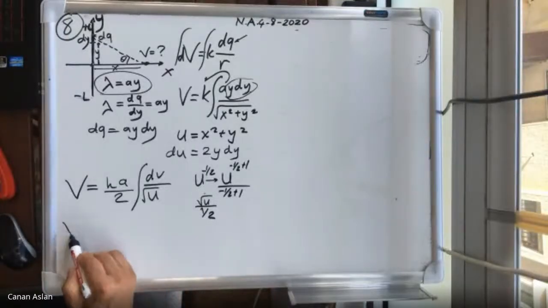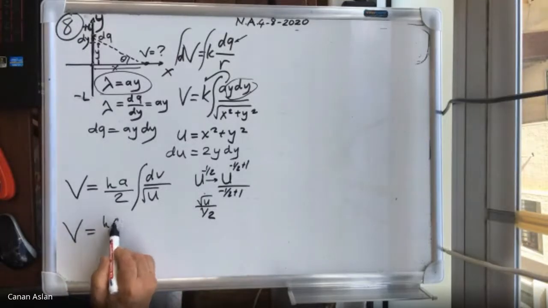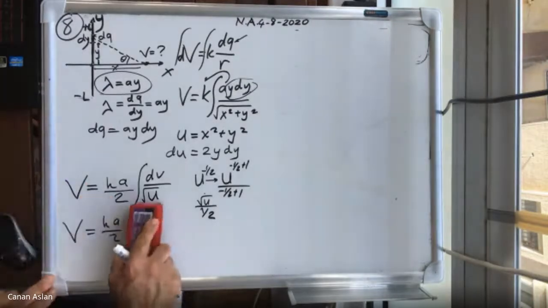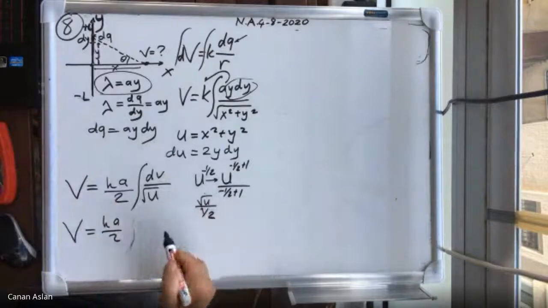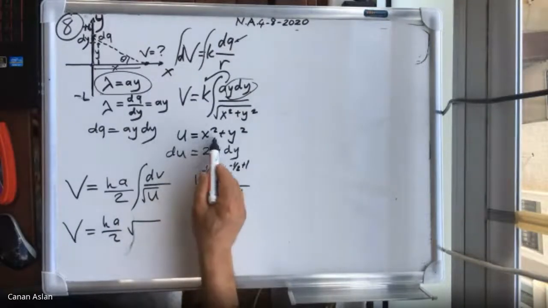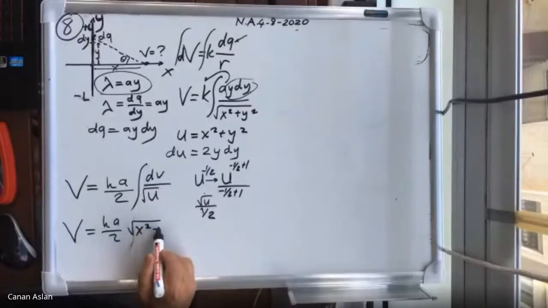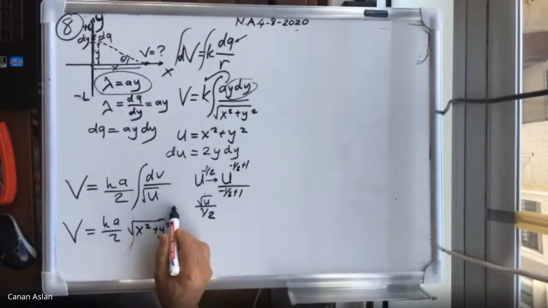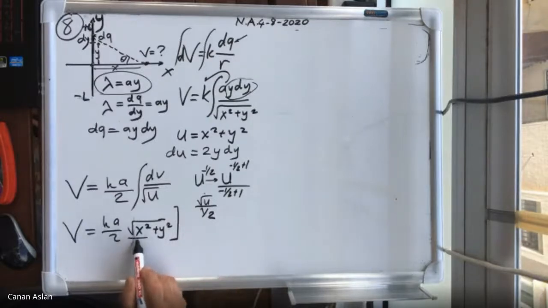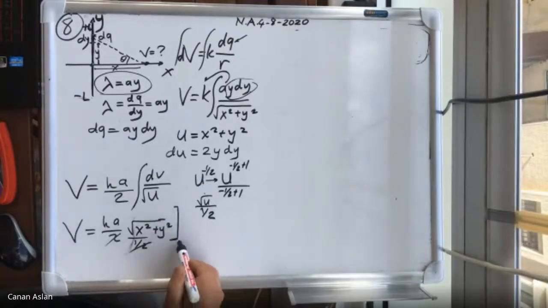So the potential will be given as Ka over 2. Now you remove the integral sign because you solved it already. The result is the square root of u, but u was x squared plus y squared, divided by 1 over 2, so this 1 over 2 cancels that 1 over 2. Anyway, the limits are minus L to L.